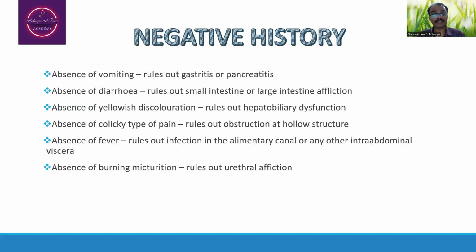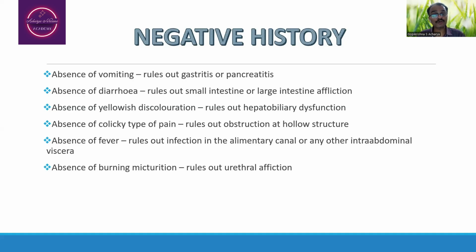Suppose the person has an absence of diarrhea, that may indicate the site of the lesion may not be in either the small intestine or large intestine. And if there is absence of yellowish discoloration, that rules out liver dysfunction, gallbladder dysfunction, common bile duct dysfunction or pancreatic duct obstruction.